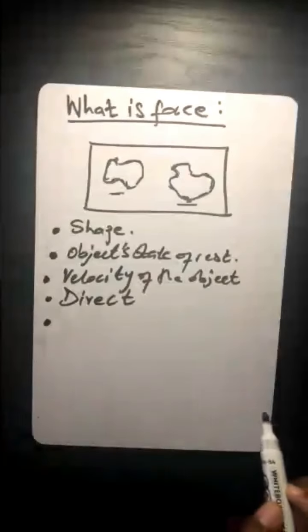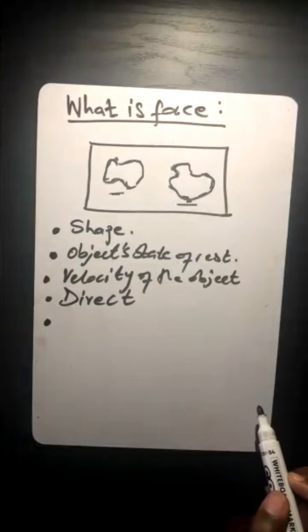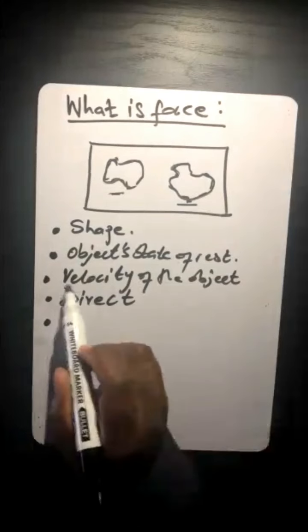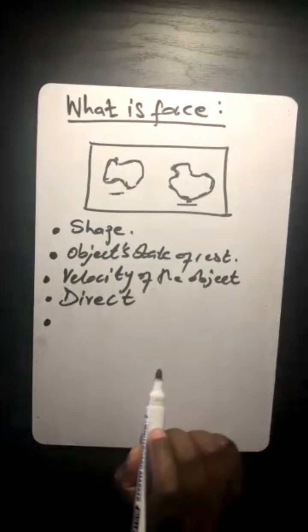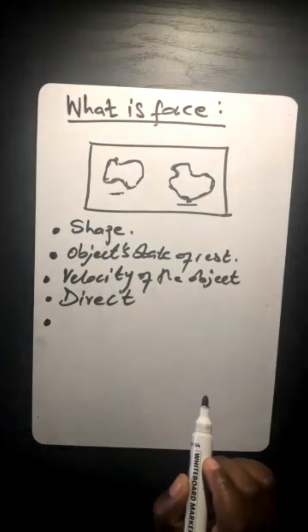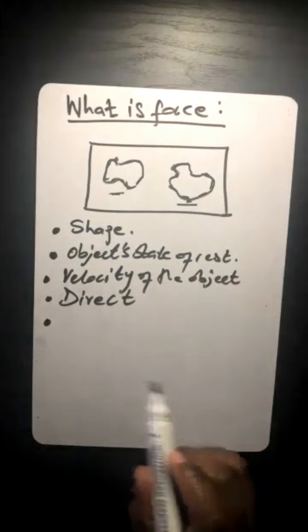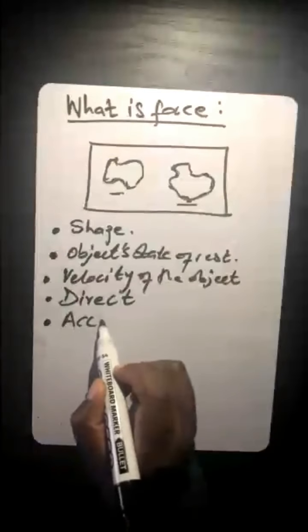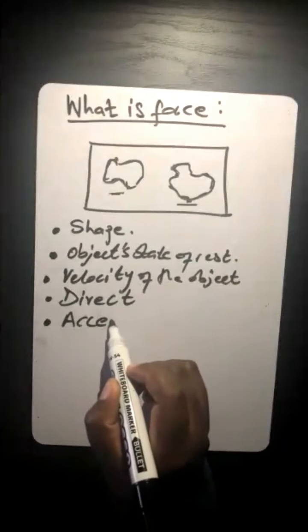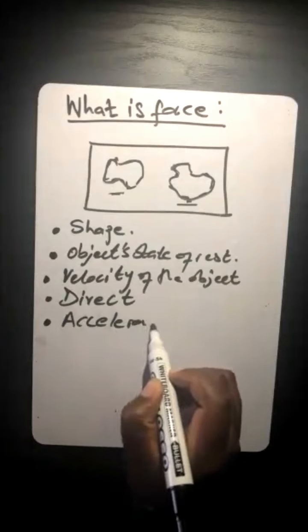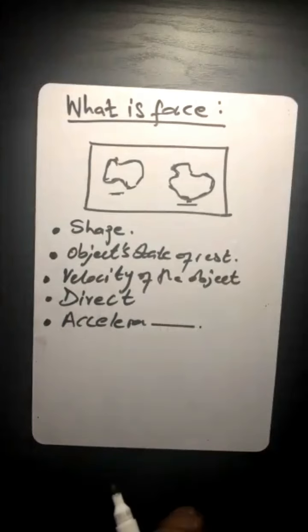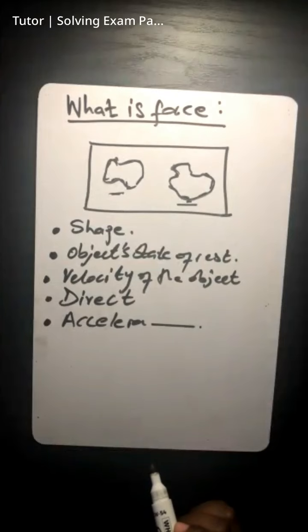Again, ladies and gentlemen, the acceleration, we know that as the object moves, it has the capacity to increase its velocity, which will have an influence on its direction, acceleration. So let's also add on to say acceleration.